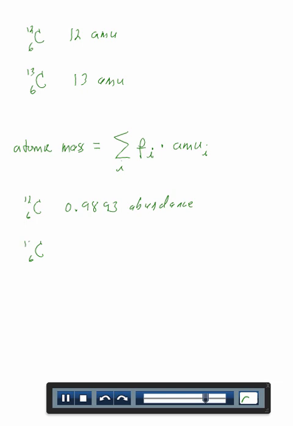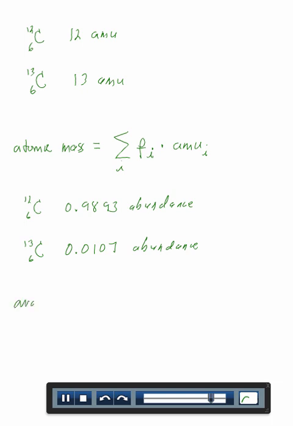And carbon-13 has an abundance of 0.0107. So about 1.07% of carbon existing in the Earth would exist as carbon-13 isotope.